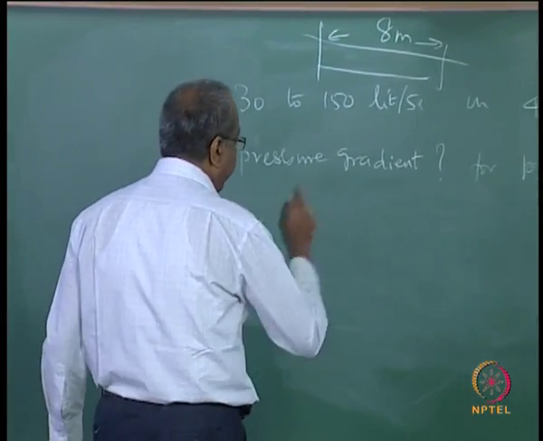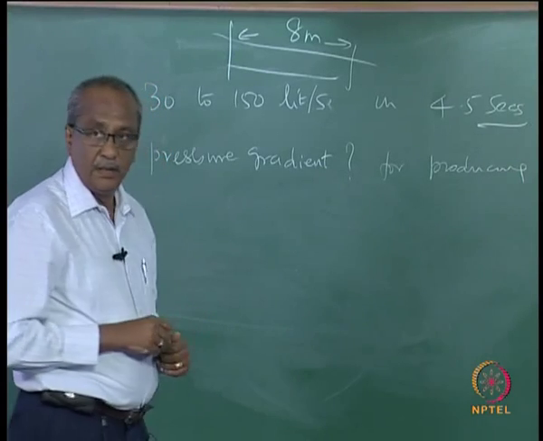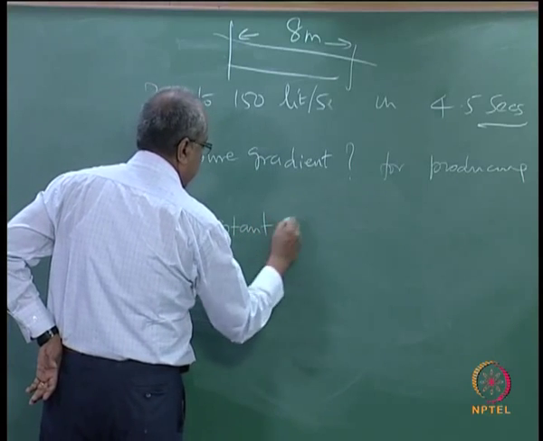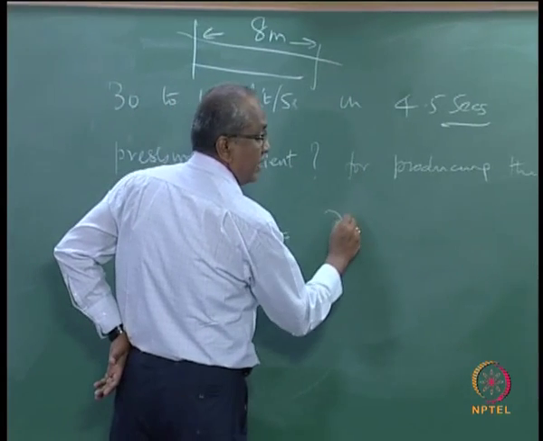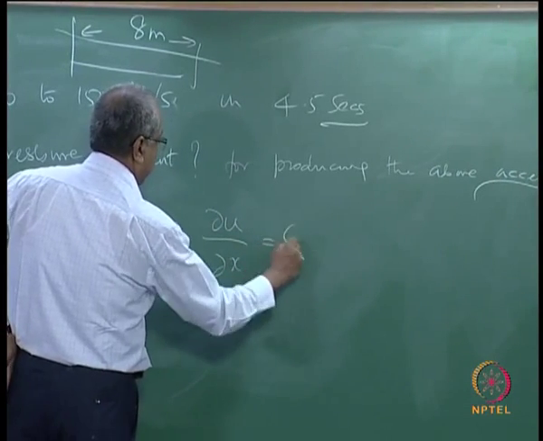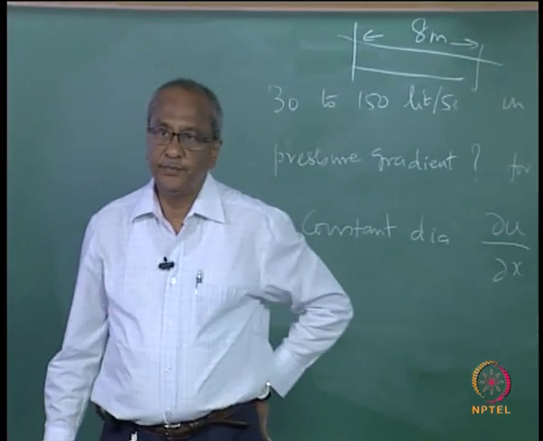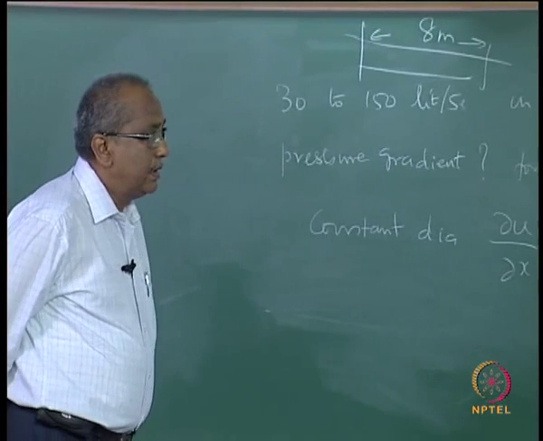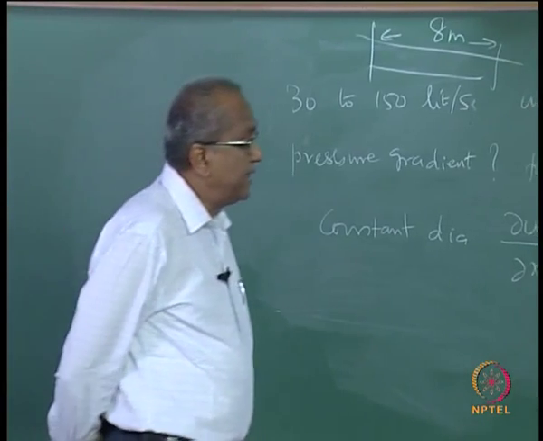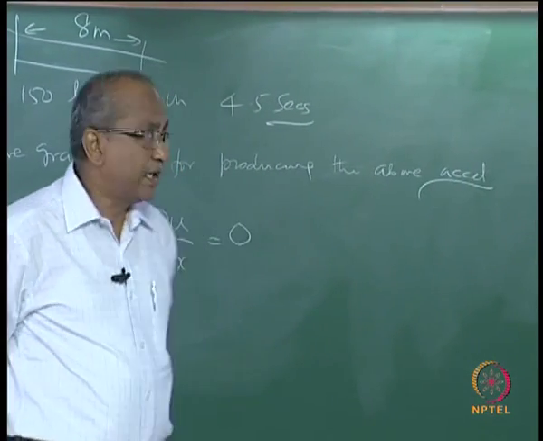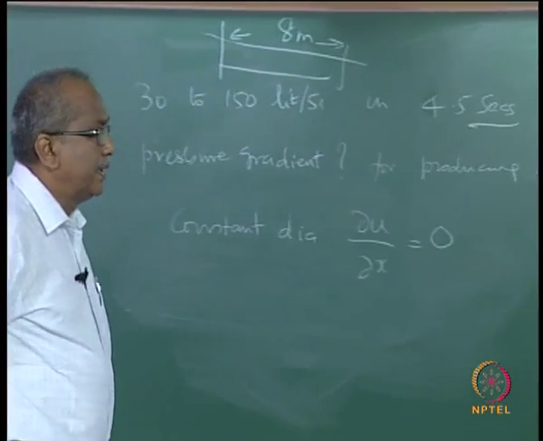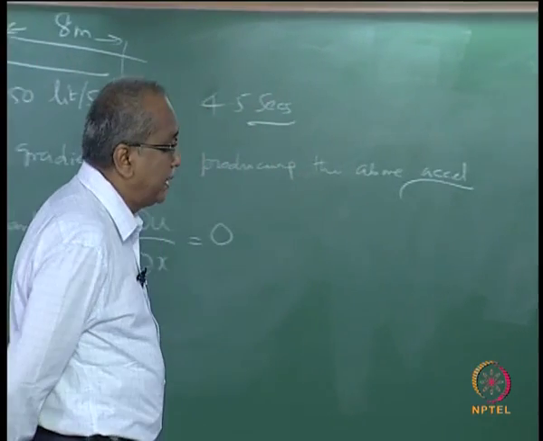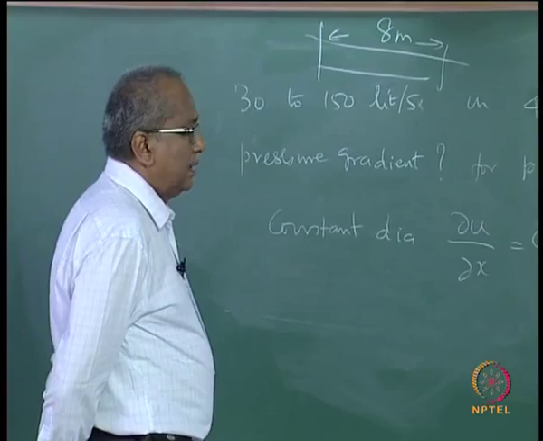Since the pipe is of constant diameter, naturally dou u by dou x will be equal to 0. Since the pipeline is horizontal, that gives you another indication that the body force per unit volume in the direction of flow is also 0.